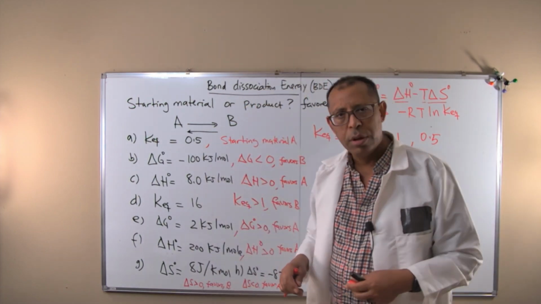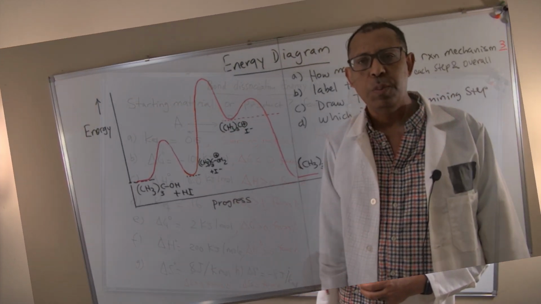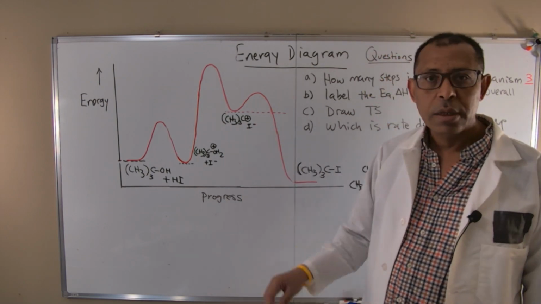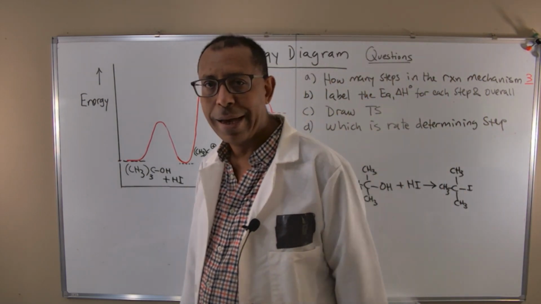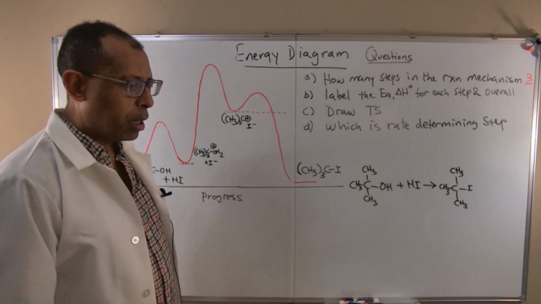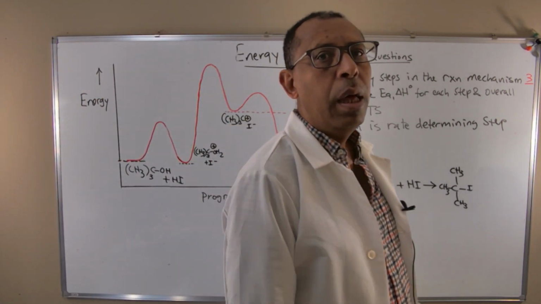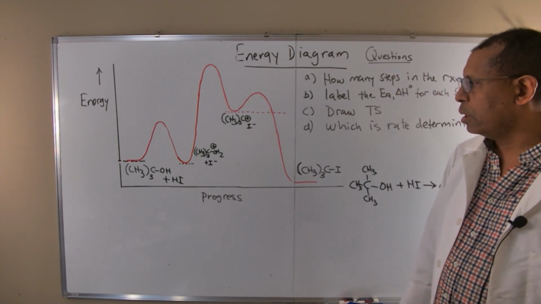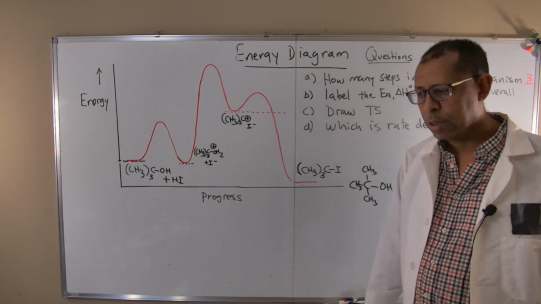So we'll continue with another question. Let's begin with the problem you see on the board. This is a question on the energy diagram, understanding the mechanism of a reaction, the enthalpy of a reaction, and the rate determining step.